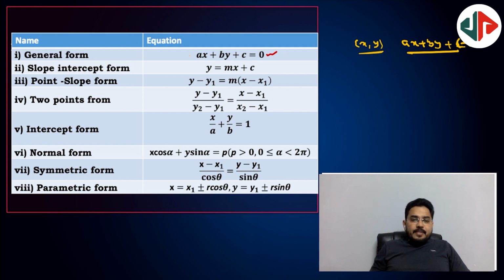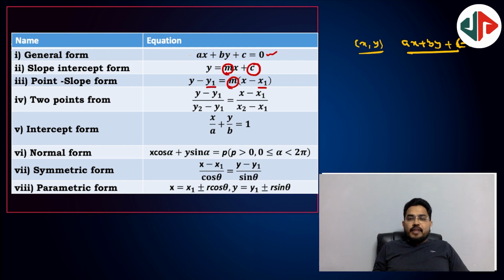Slope intercept form: m is the slope of the line and c is the y-intercept. Point slope form: the slope of the line is m and it passes through (x1, y1).